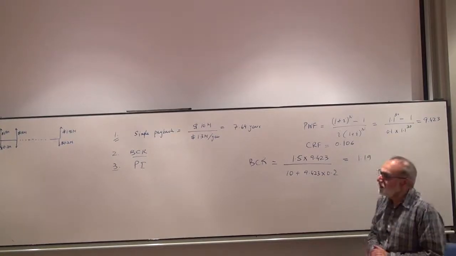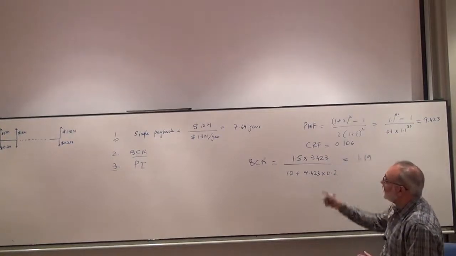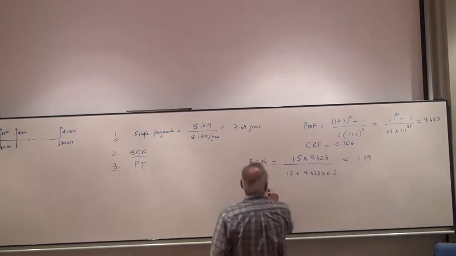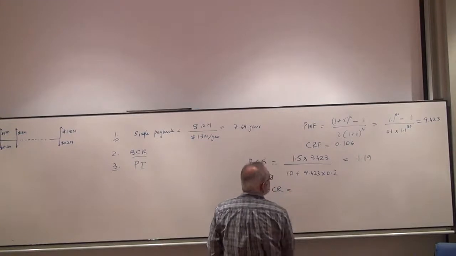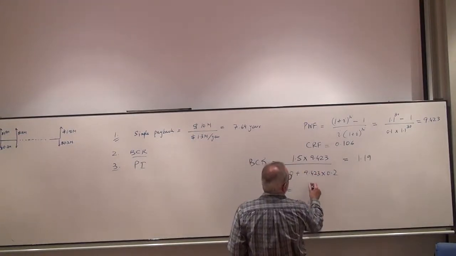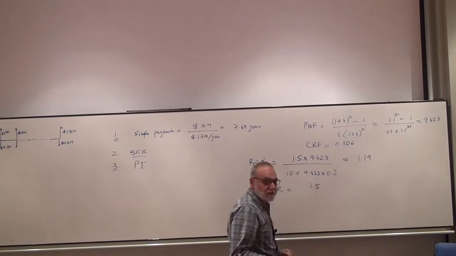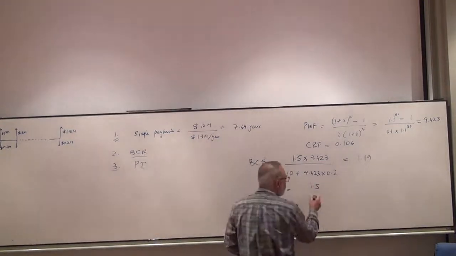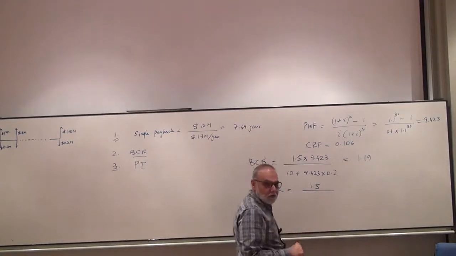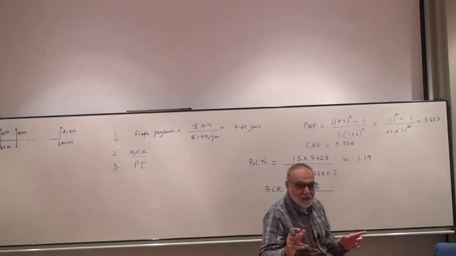Right? Yes. Now, if you do it on an annual basis, you have the 1.5 here on an annual basis, and then the initial cost, you multiply with the capital recovery factor.